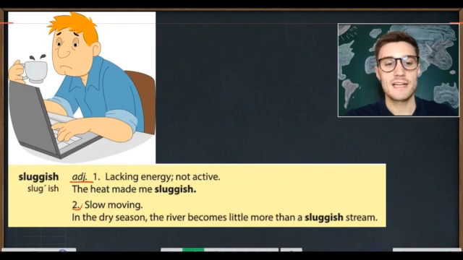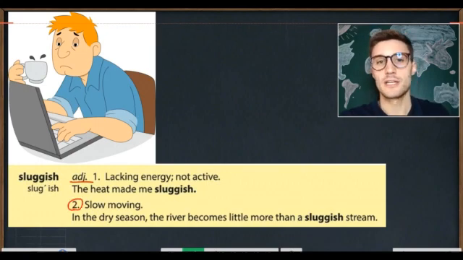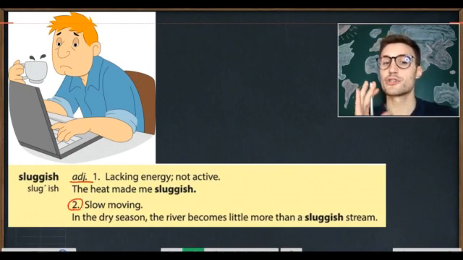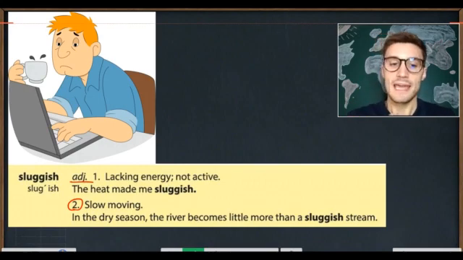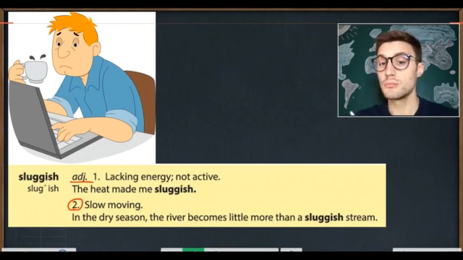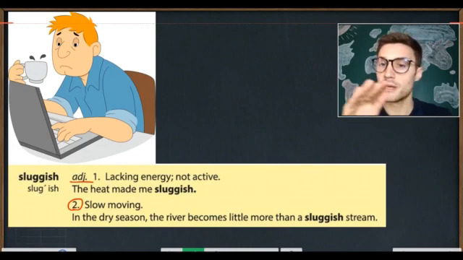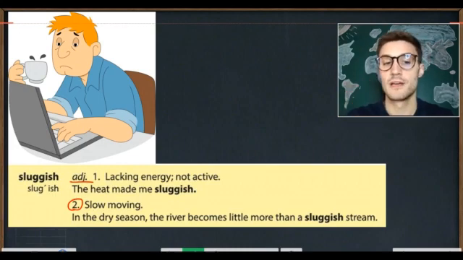The second adjective meaning for sluggish, we use this word to describe slow movement or something that moves slowly. In the dry season, the river becomes little more than a sluggish stream. So the river becomes a very slow moving stream.